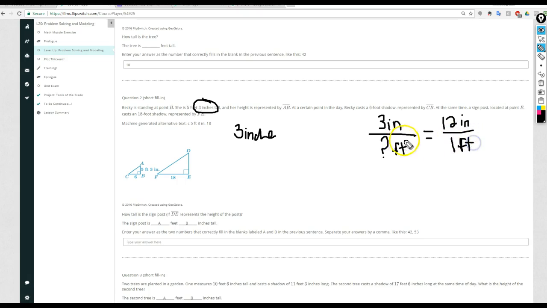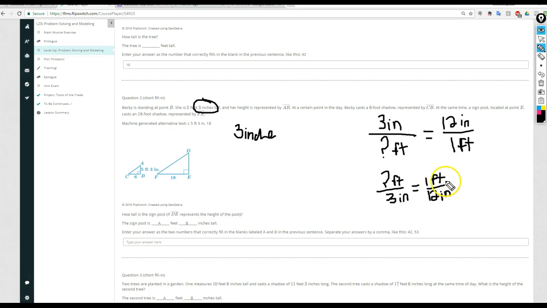Now, since my unknown is in the denominator, I'm going to use the reciprocals so that the unknown is in the numerator. So I can also rewrite it as an unknown amount of feet divided by 3 inches is going to equal the same proportion as 1 foot is to 12 inches.